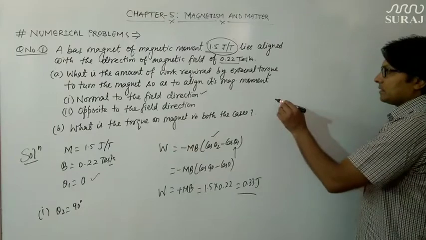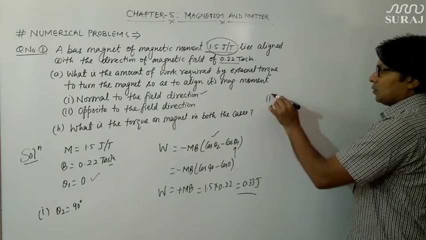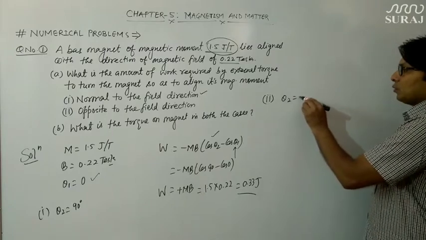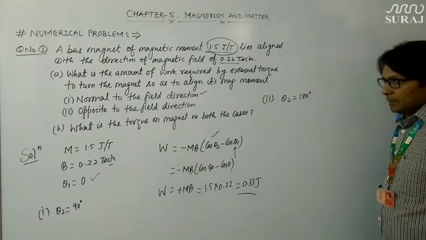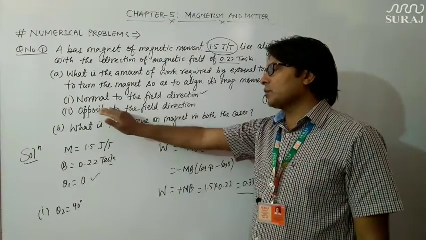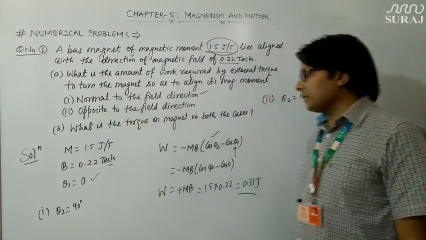Now let us consider the second case. The second case is when theta 2 is 180 degrees, because we want to align the bar magnet opposite to the magnetic field direction.